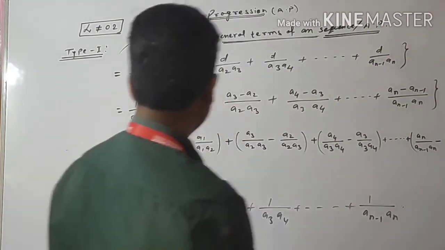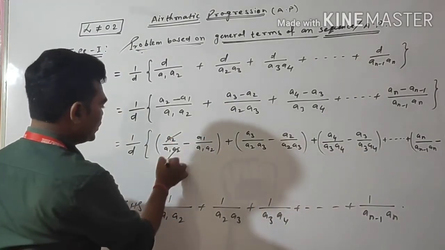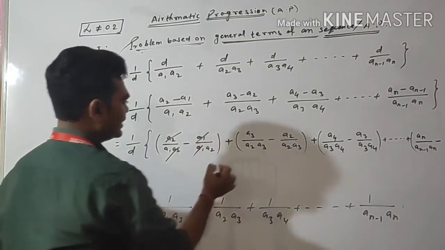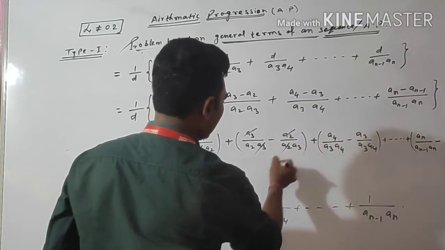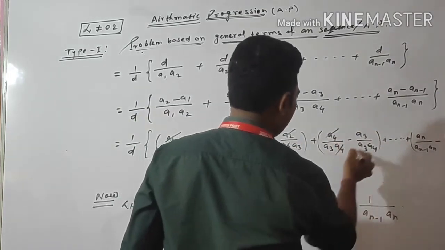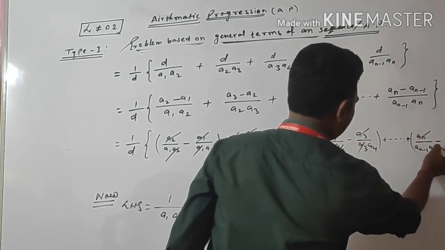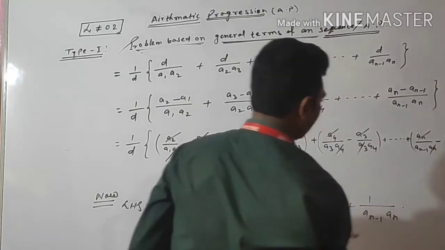Okay. A2 is cancelled, A1 is cancelled, A3 is cancelled, A2 cancel, A4 cancel, A3 cancel, An cancel, An minus 1 is cancelled.